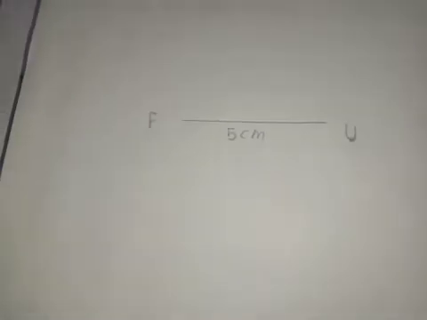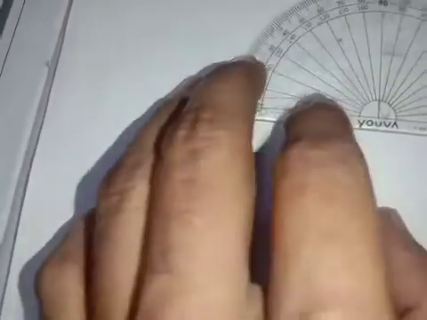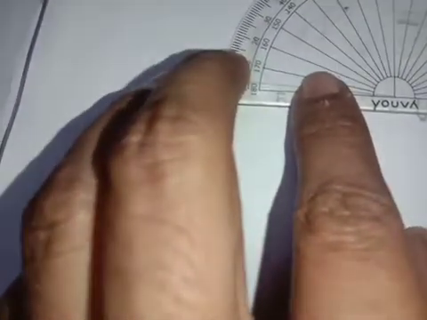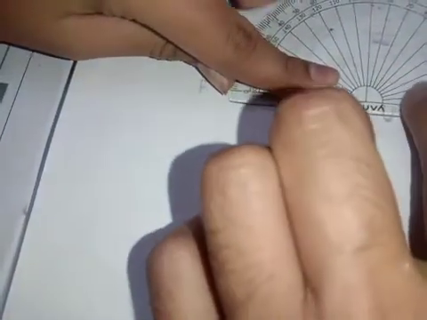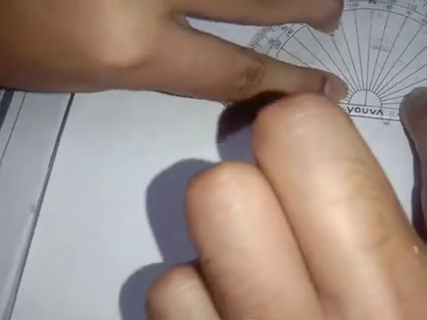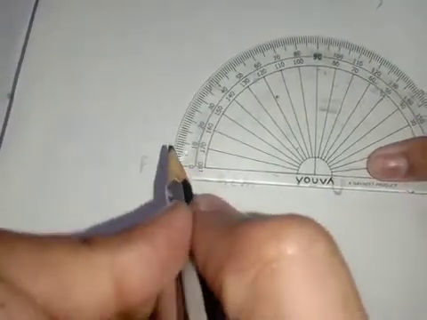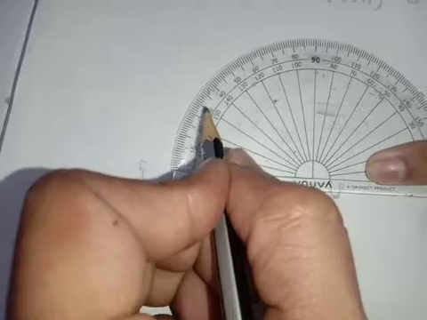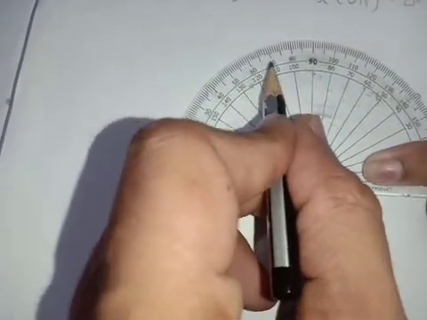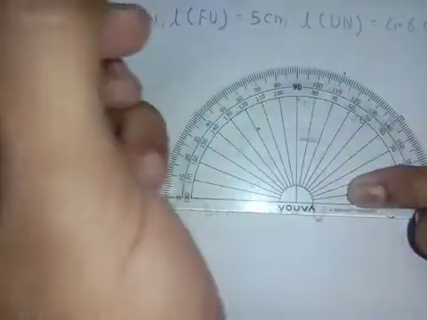Using a protractor, match the center of the protractor with point U. Now let's measure this angle in the clockwise direction like this: 0, 10, 20, 30, 40, 50, 60, and so on. It is a 110 degree angle.